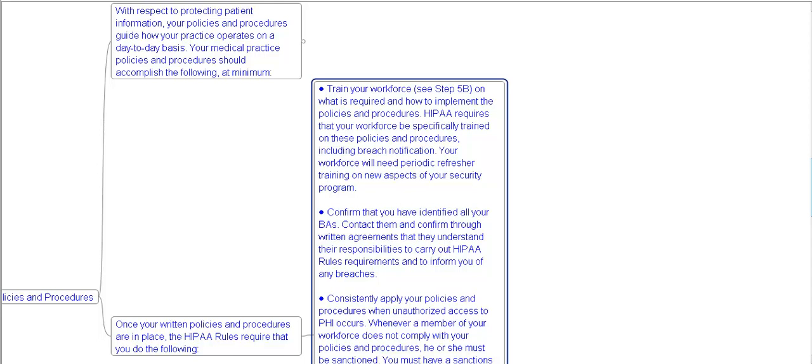HIPAA requires that your workforce be specifically trained on these policies and procedures, including breach notification. Your workforce will need periodic refresher training on new aspects of the security program. Confirm that you have identified all your business associates. Contact them and confirm through written agreement that they understand their responsibility to carry out HIPAA rules requirements and to inform you of any breaches.